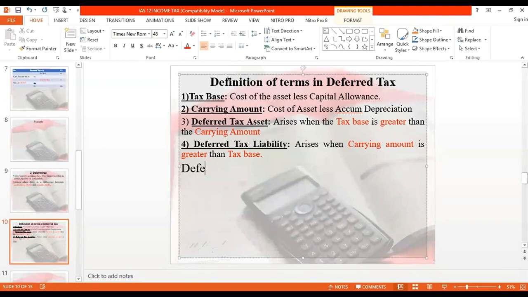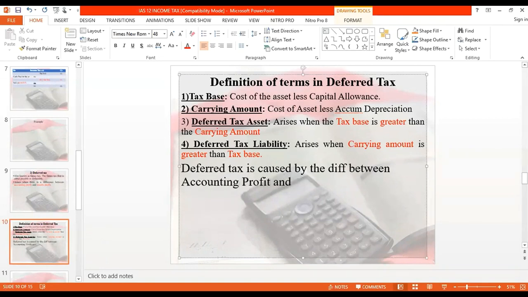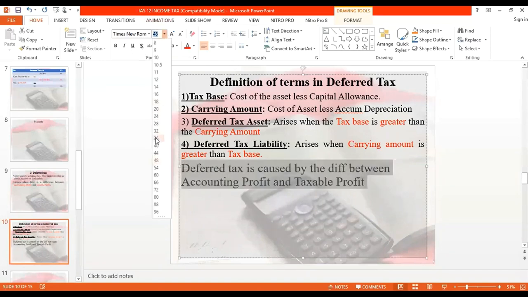We can say deferred tax is caused by the difference between accounting profit and taxable profit. I've already said that, I'm just repeating it.